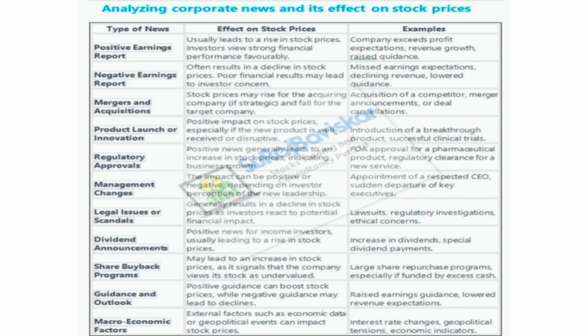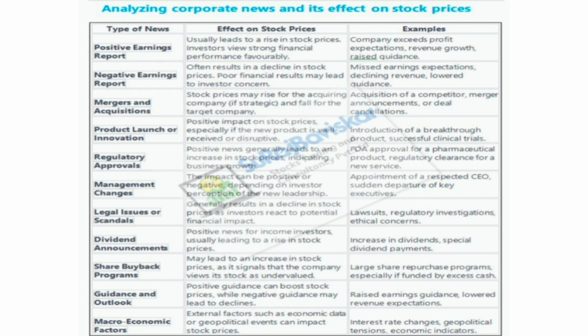Today, I am going to discuss the topic of analyzing corporate news and its effect or impact on stock prices. So, we'll see the different types of news coming up for companies, like positive earnings report, negative earnings report, mergers and acquisitions, product launch or innovation, regulatory approvals, management changes, legal issues or scandals, dividend announcement, share buyback program for the company, guidance and outlook for the company, and macroeconomic factors.